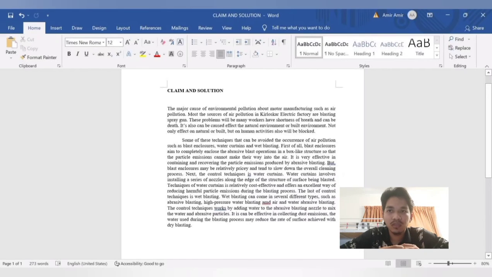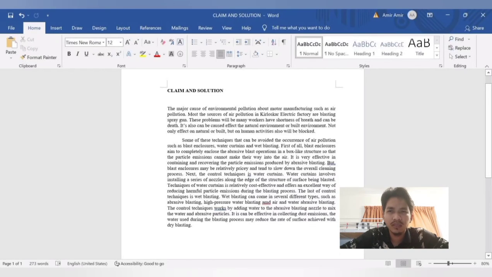The water curtain technique is relatively cost effective and offers an excellent way of reducing harmful particle emissions during the blasting process. The last control technique is wet blasting.